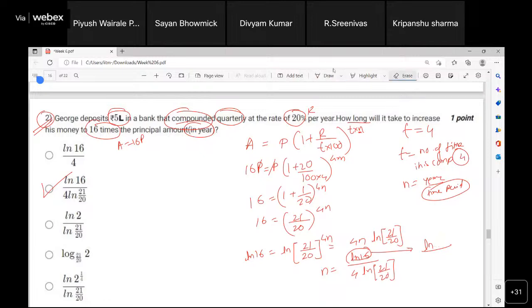Yeah, 2 to the power 4, then 4 into ln of 21 by 20, and the 4 will come this side: ln of 2, 4 ln of 21 by 20. The 4 will get cancelled, and you will get this option. If you apply the change of base property in reverse, you will get this option also. So options B, C, D are the correct ones.